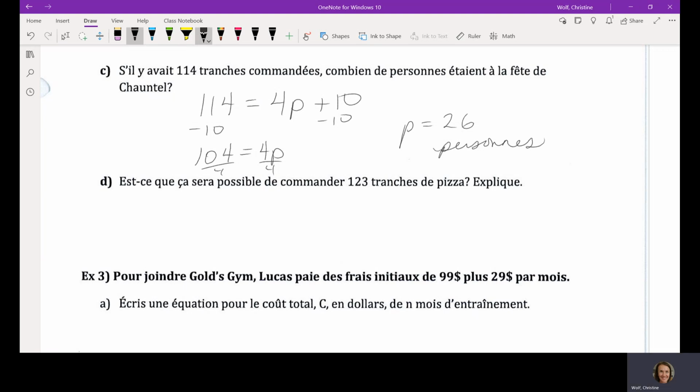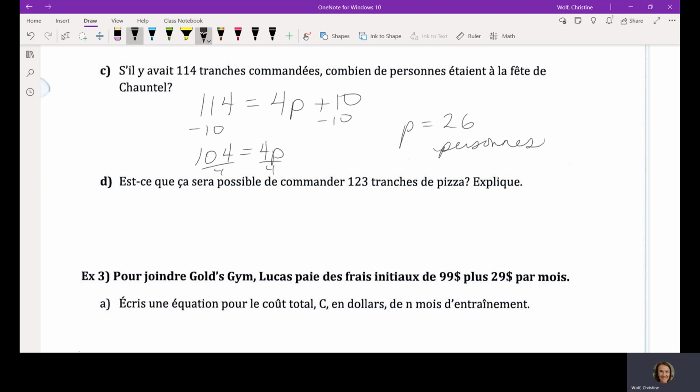OK, même type de question que l'autre. Est-ce que ça sera possible de commander 123 tranches? Non. Pourquoi pas? Tu peux faire une phrase si tu veux, ou tu peux montrer avec la mathématique. Doesn't matter.